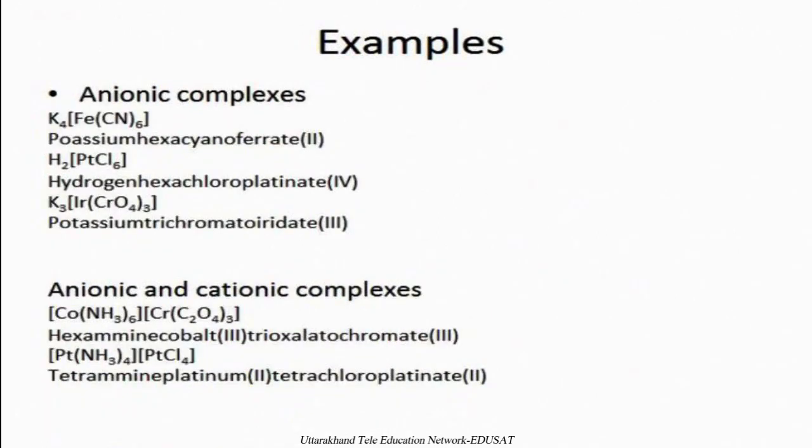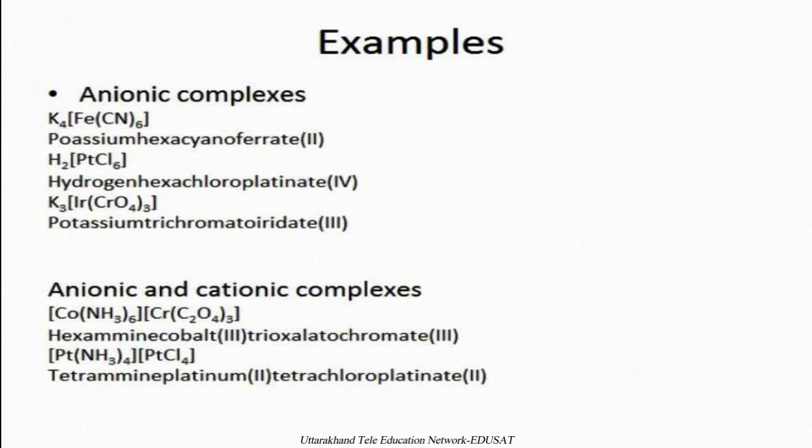The example of anionic complexes: K4[Fe(CN)6]. First we have to name the cation, which here is potassium. Then we come to the anion. In the anion we have 2 parts, a ligand and a metal ion.